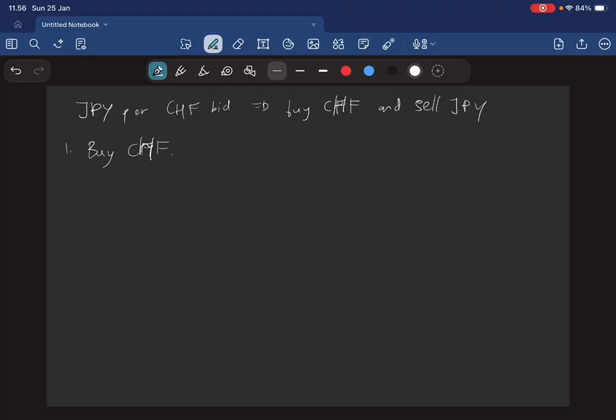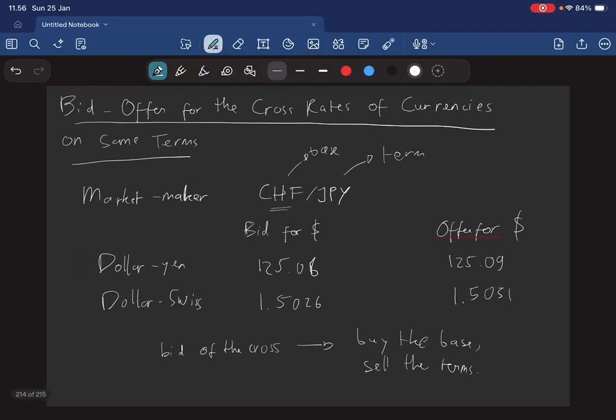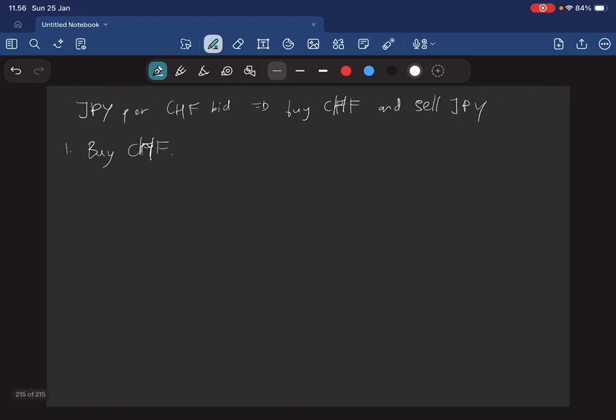As the market maker dealing in base currency, to buy Swiss franc you sell dollars on your offer at this 1.5031. So you buy Swiss franc, sell dollars at 1.5031.